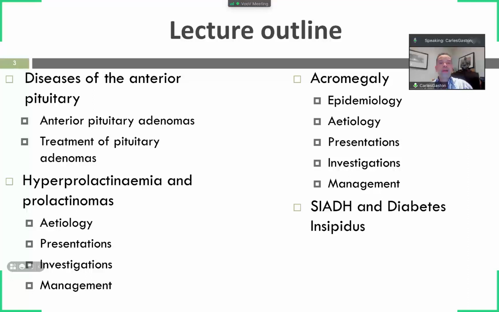This is just a very summary lecture outline. The diseases of the anterior pituitary. So mainly there are pituitary tumors called pituitary adenomas. We will look into treatment of these pituitary adenomas.